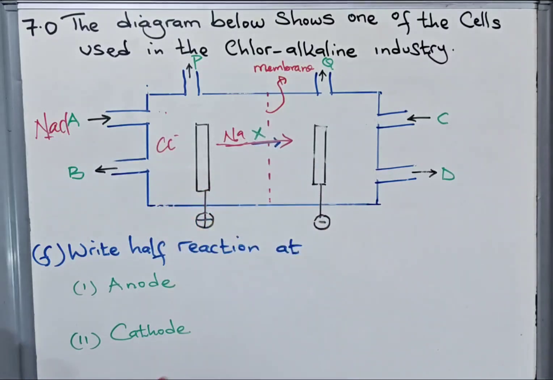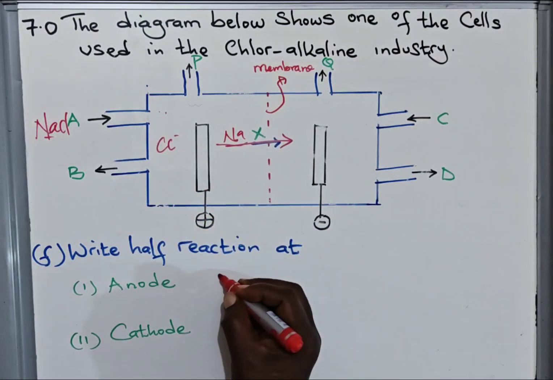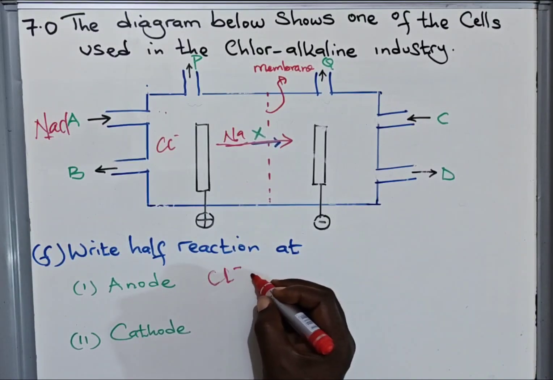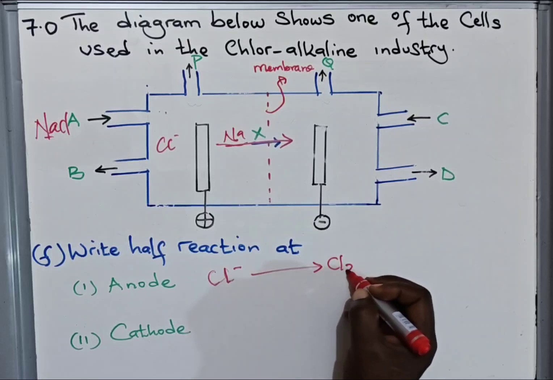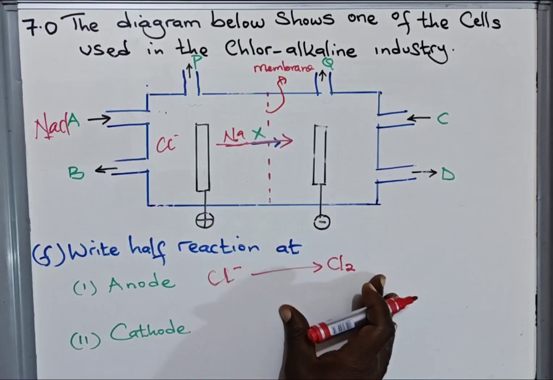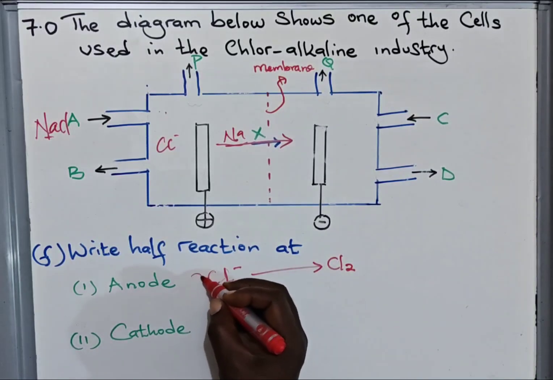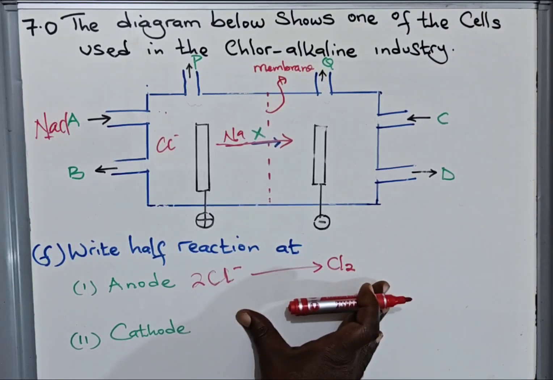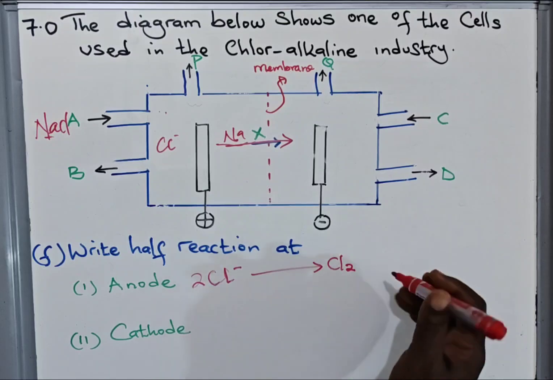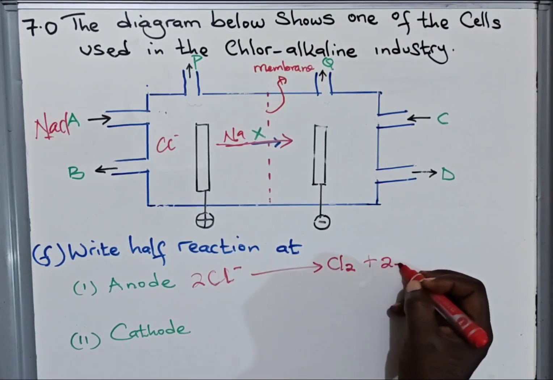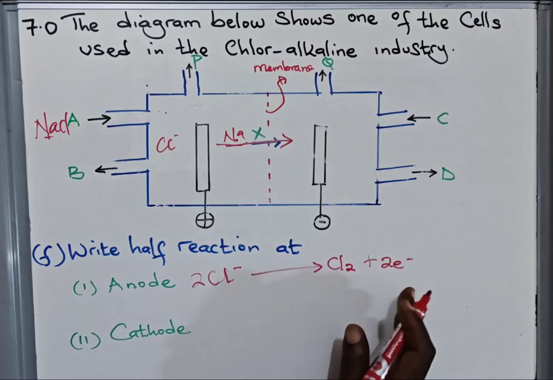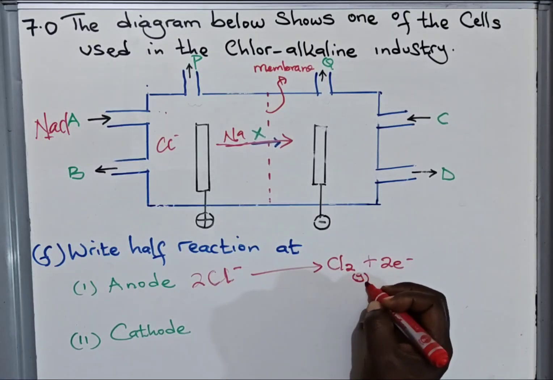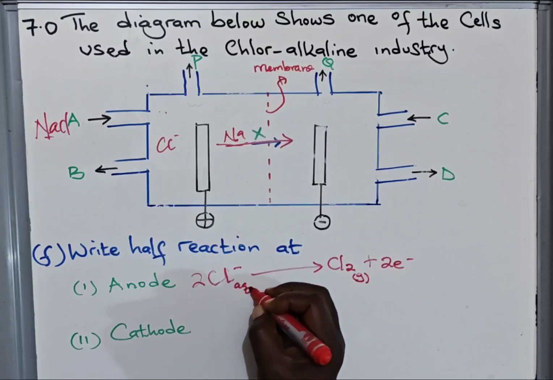So chloride ions undergo oxidation, and they are oxidized to chlorine gas. We balance, and after balancing, there are 2 electrons involved, which we put here. And that's the reaction which takes place, where chlorine is gaseous and chloride is aqueous.